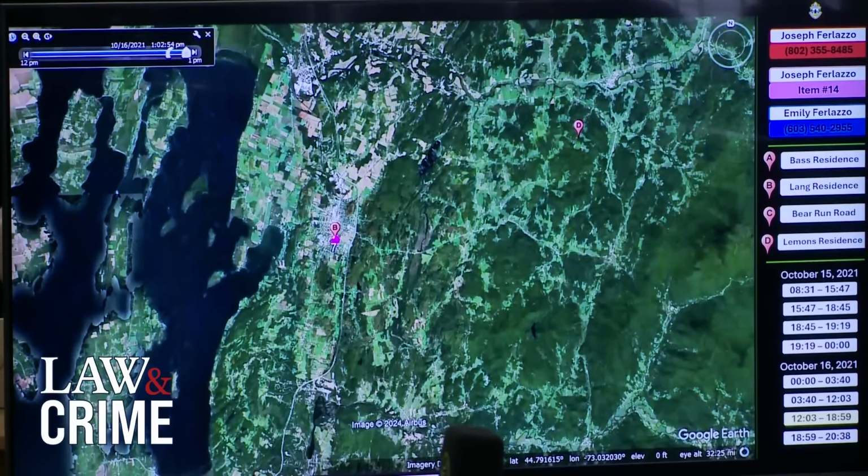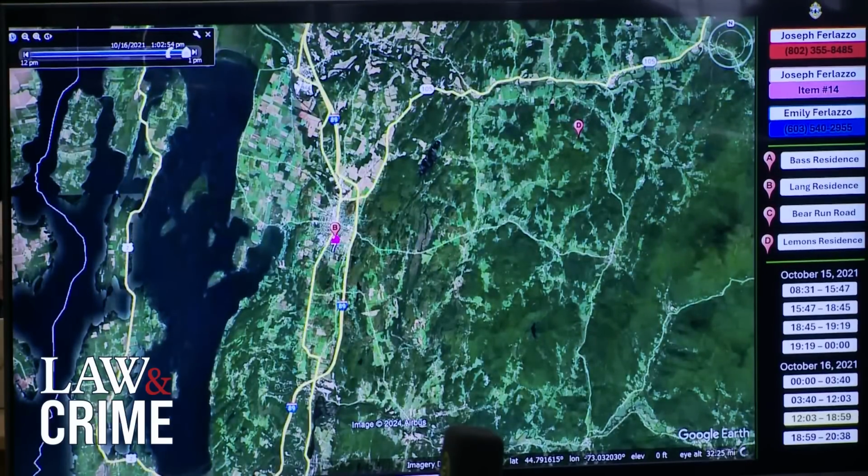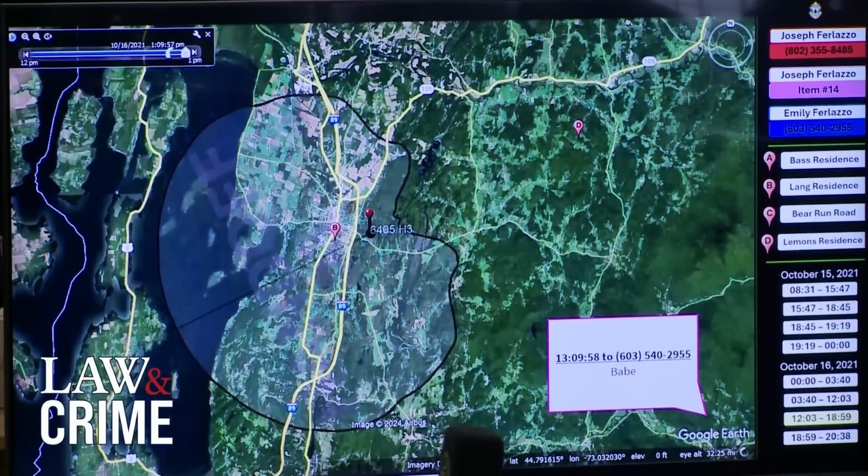So that device was there for several hours at the Lang residence. During my analysis, I started to look to see what the network activity was during that time. And I could see that pattern start to emerge again of the same cell site usage over and over again. At 1309 is an outgoing message to Emily's number from item 14.